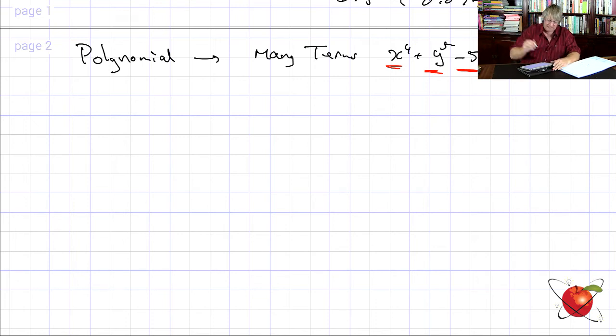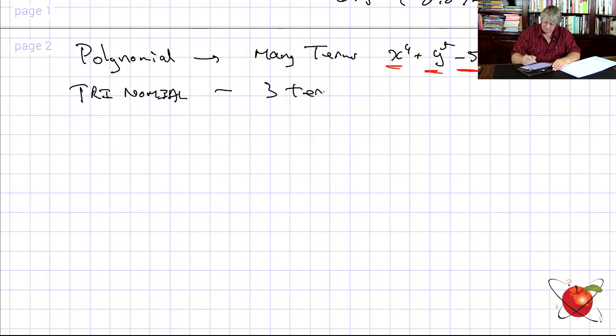I'm just quickly recapping. A trinomial has got 3 terms. Usually a trinomial looks like ax squared plus bx plus c. A, b, and c are numbers.